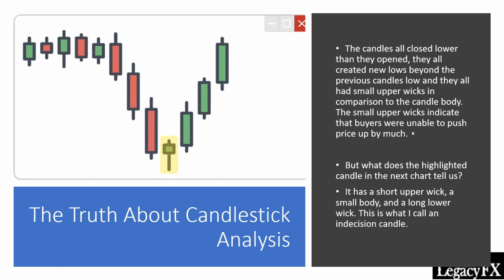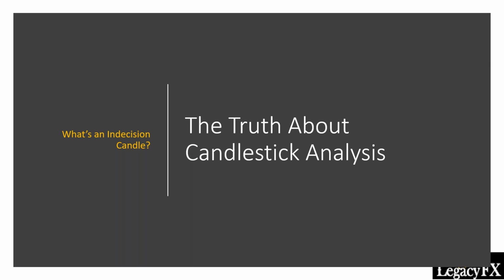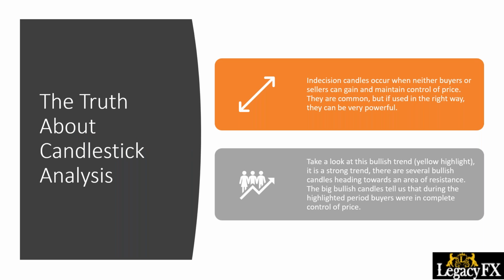I don't care what somebody wants to name it. I've got bears controlling the market. And then I get this little tiny candlestick, which is what we call an indecision candle. Indecision candles occur when neither buyers nor sellers can gain or maintain control. And indecision candles happen all the time.